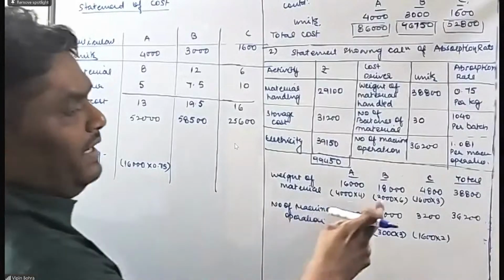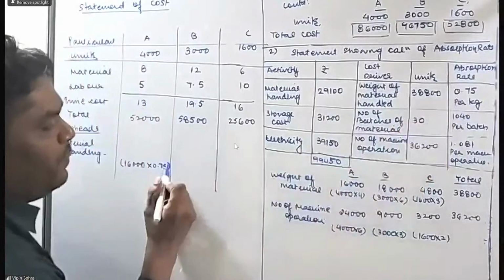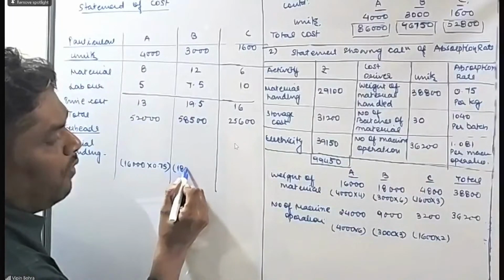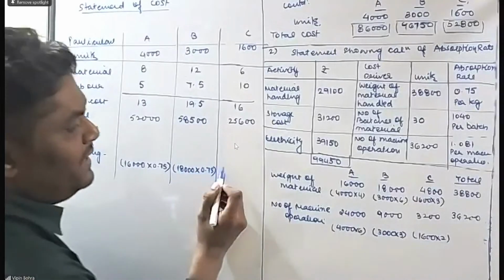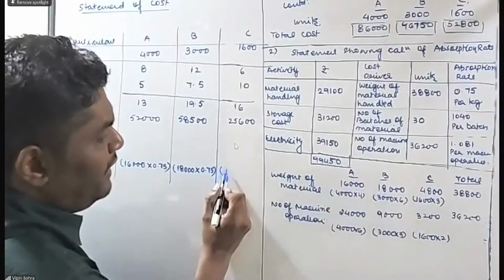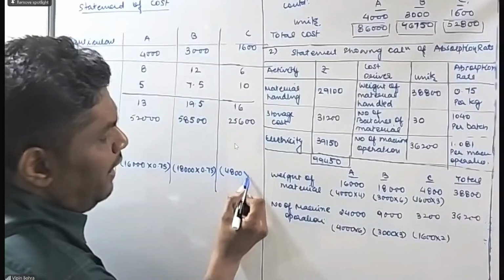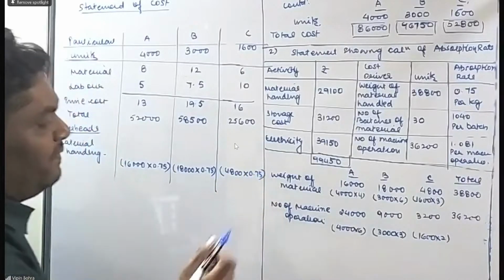For B, it is 18,000 kgs at 0.75. And for C also, it is 4,800 kgs at 0.75.